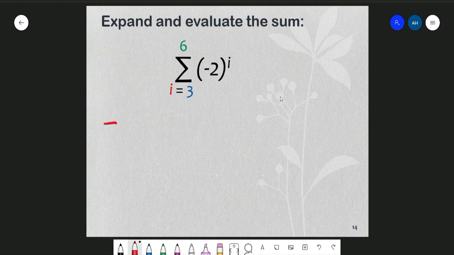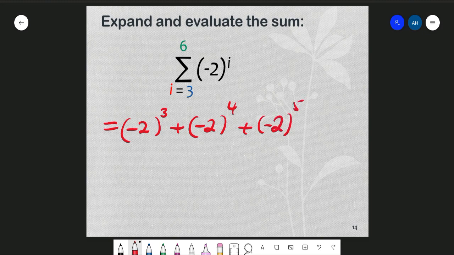So this one will be equal to, first we substitute i equal to 3. So negative 2 to the power 3, or cube, negative 2 cubed, plus negative 2 to the power 4, and then plus negative 2 to the power 5, and plus the last term, negative 2 to the power 6.